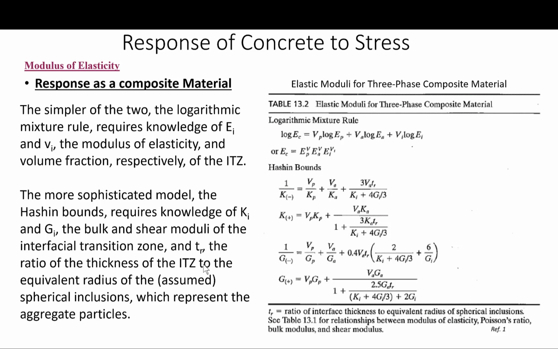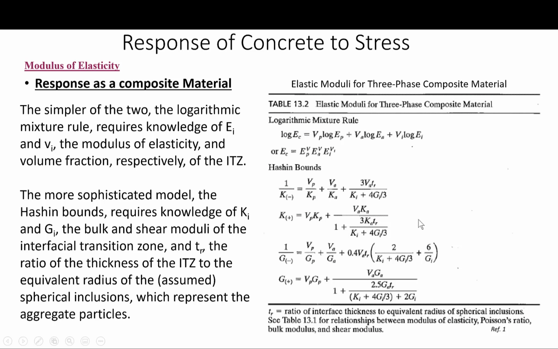The more sophisticated model, which is the Hashin bounds, requires knowledge of the values we introduced earlier, K sub I and G sub I, which are the bulk and shear moduli of the interfacial transition zone. Also T sub R, which is the ratio of the thickness of the ITZ to the equivalent radius of the assumed spherical inclusions, which represent the aggregate particles.